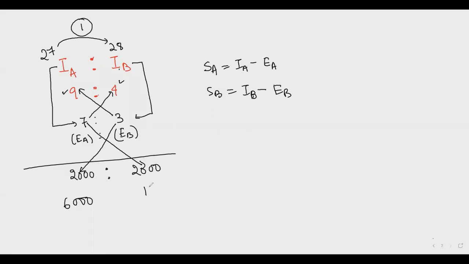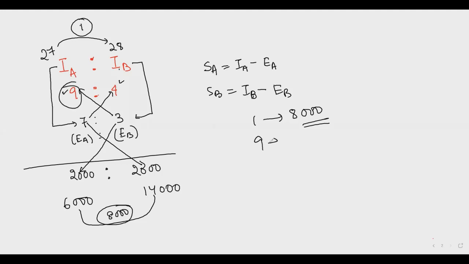Cross multiply the savings: 6000 and 14000. The difference is 8000. So 1 unit equals 8000, and the value of 9 is 9 into 8000, which is 72000.